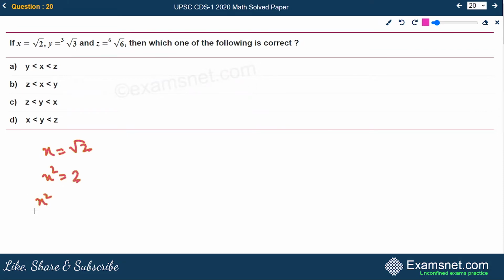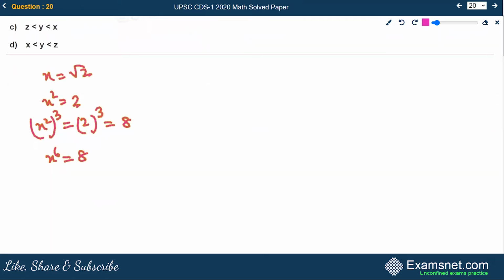Now further, if I cube both sides, we will get x to the power 6 equals 8. So further, it can be written as x equals 8 to the power 1 by 6. Same way, y equals cube root of 3.